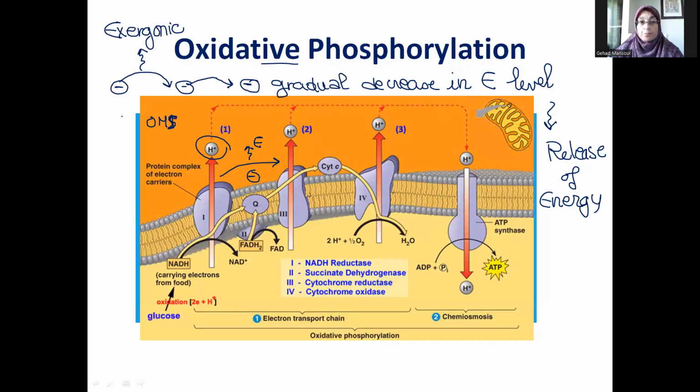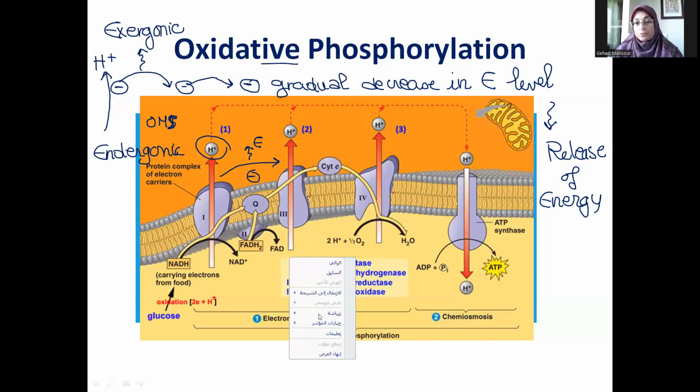So the process of transfer of electrons releases energy and is considered an exergonic process, whereas the process of pumping the protons is an endergonic process because it utilizes energy. The same is repeated along the electron transfer chain.